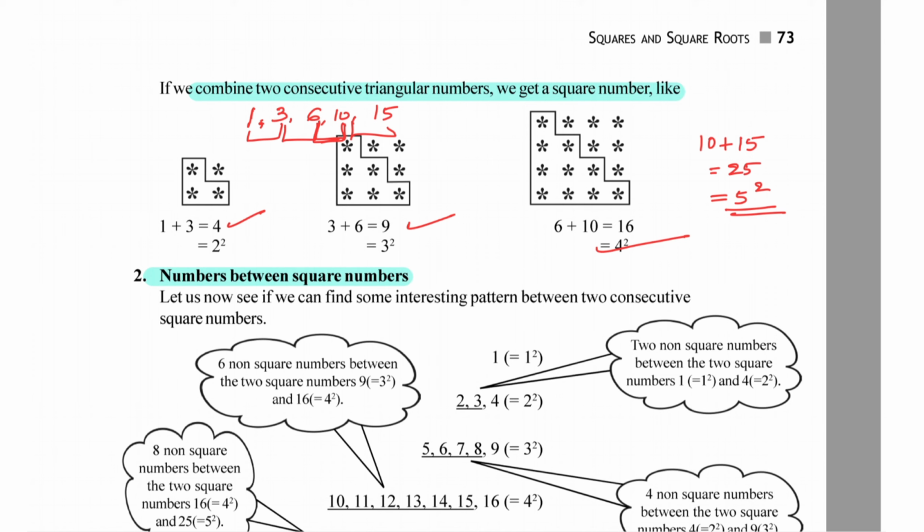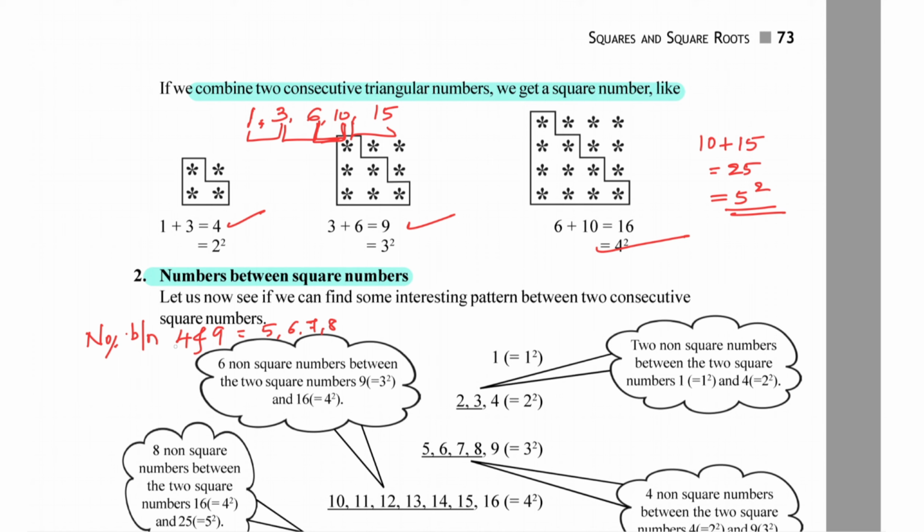Suppose you need to find the number of numbers which are present between the two square numbers 4 and 9. I'll just write here numbers between 4 and 9. How many numbers do you have? 5, 6, 7 and 8.